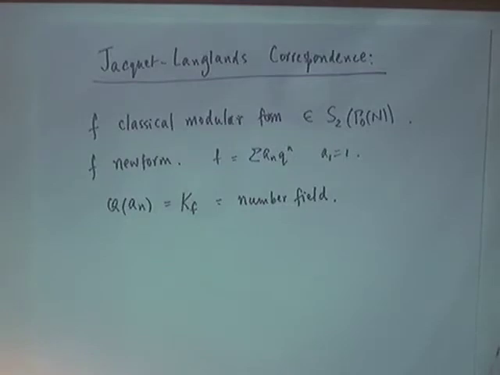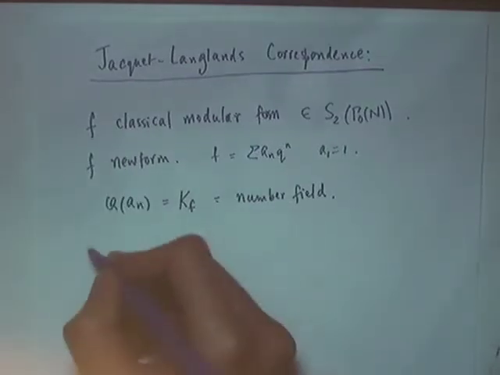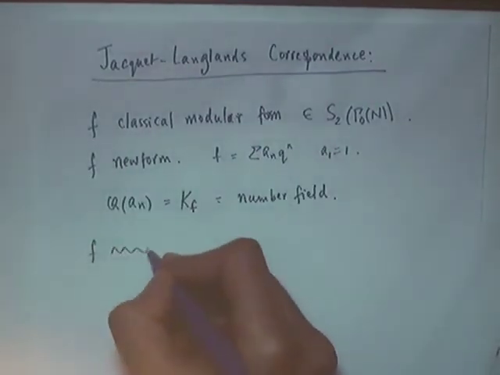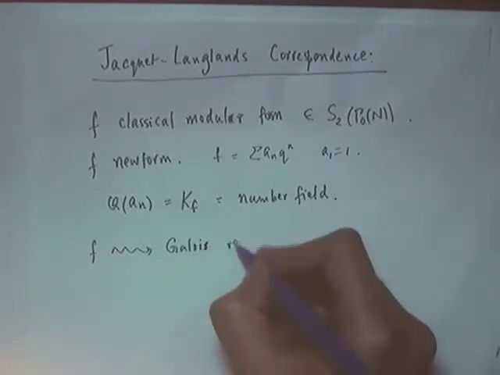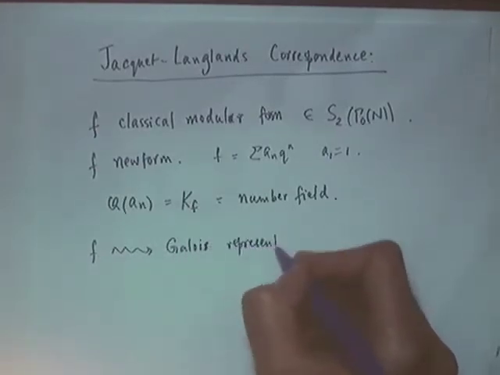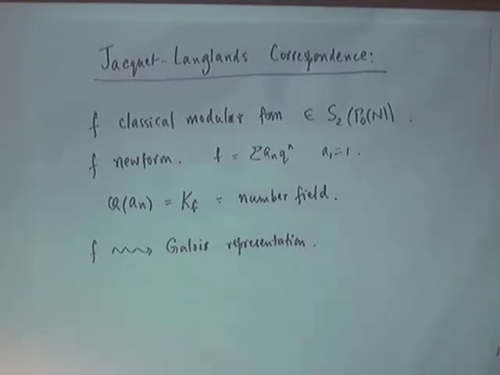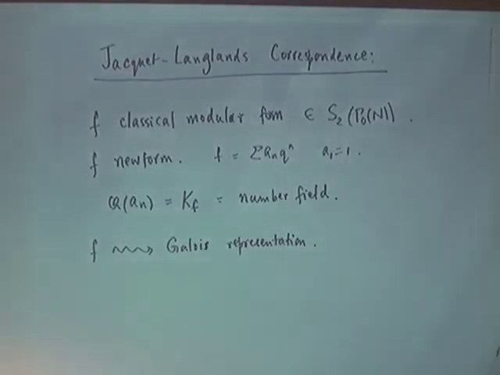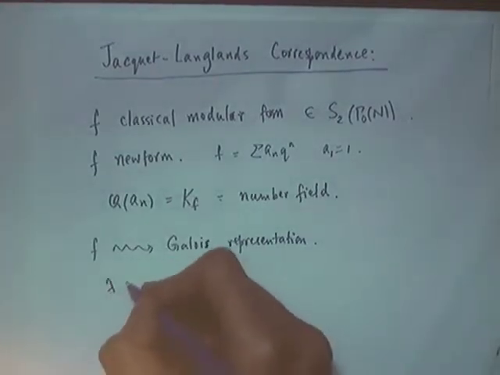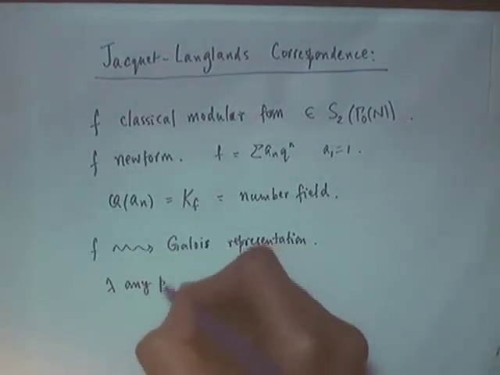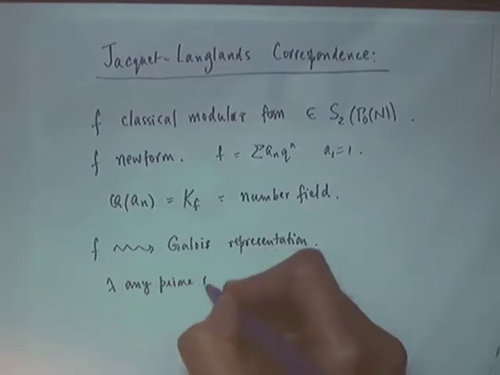And further, to such a form f, you can associate a Galois representation. In fact, a two-dimensional Galois representation as follows. So let lambda be any prime of K_f.